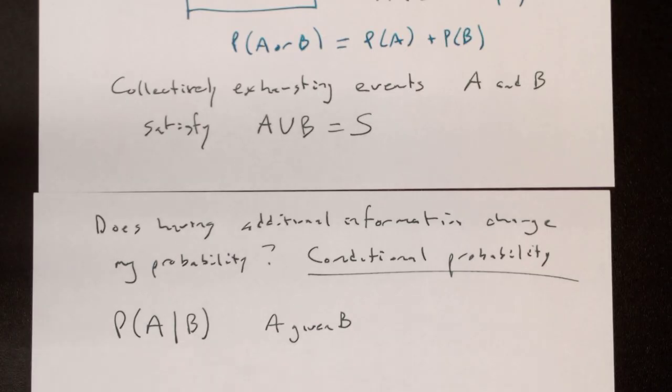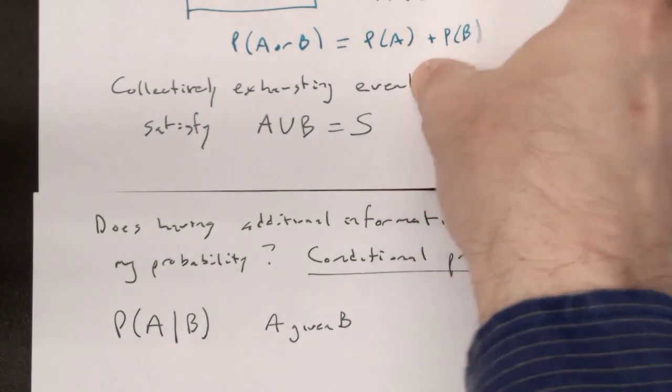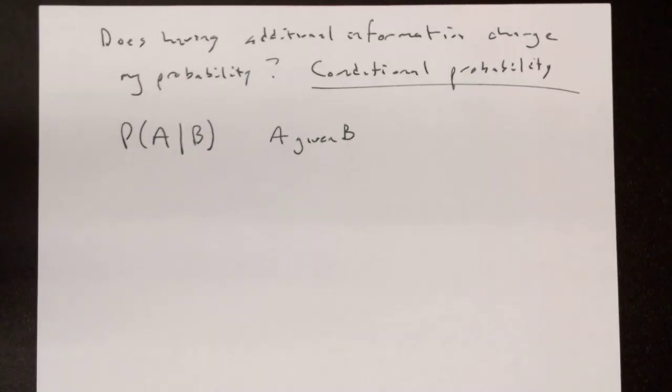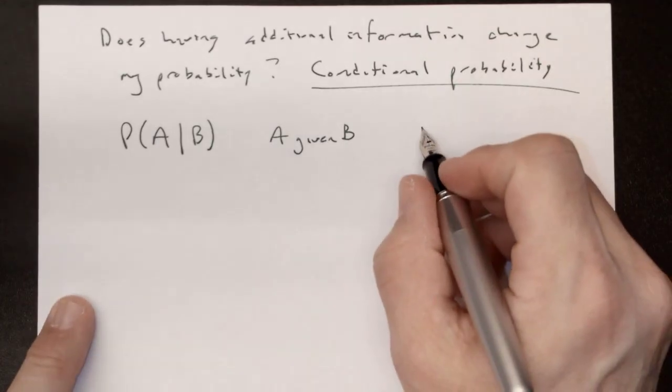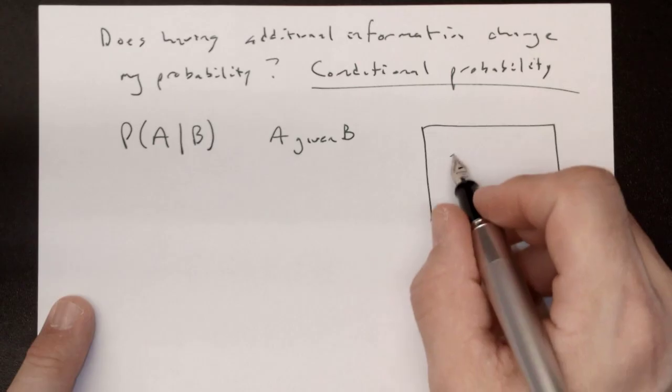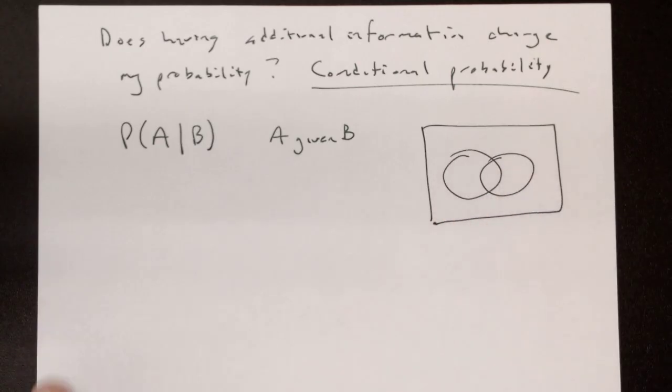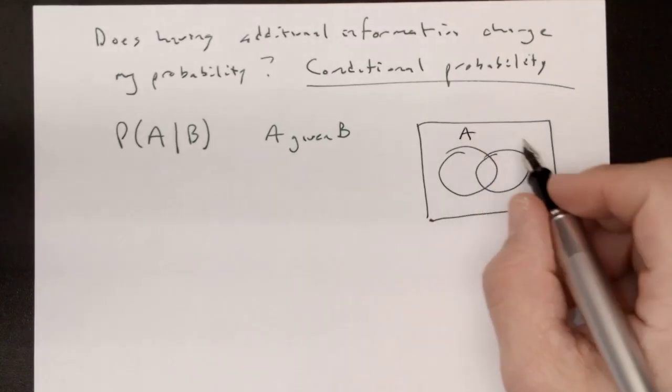Let me go back to my Venn diagram for a second. I have two events, A and B. They may or may not be mutually exclusive. I don't know. I haven't said anything about that.